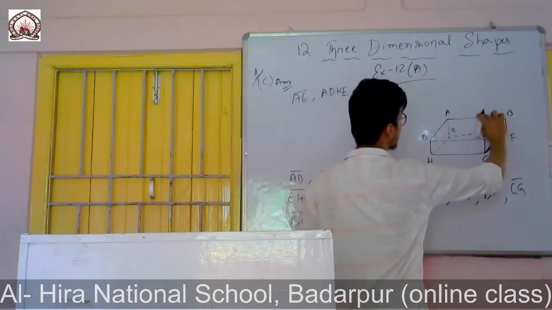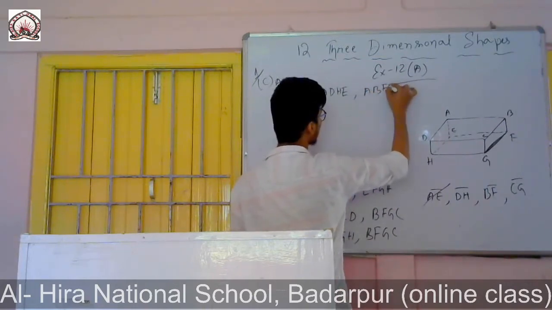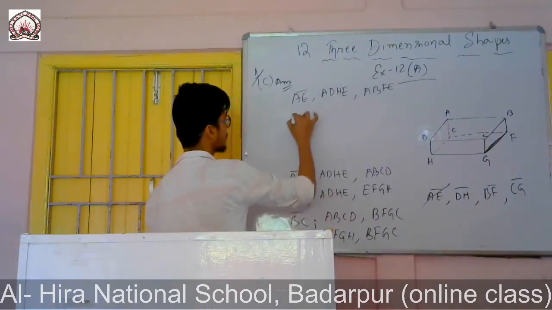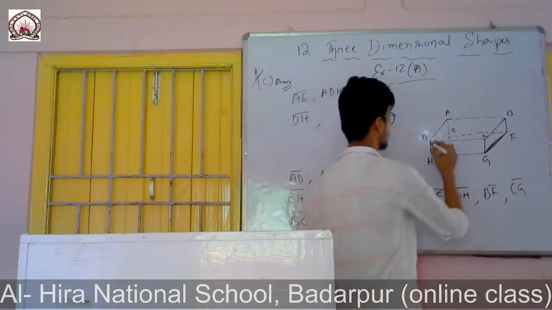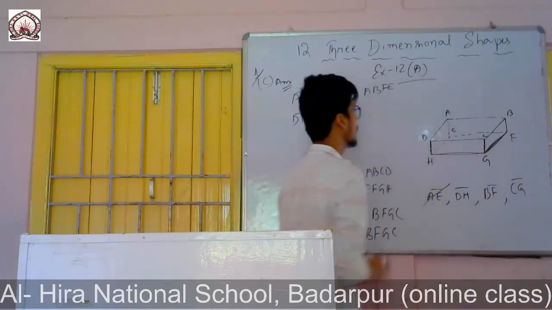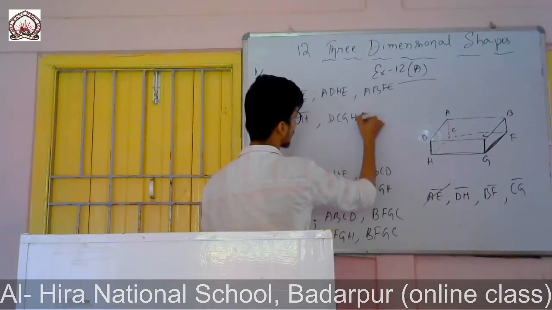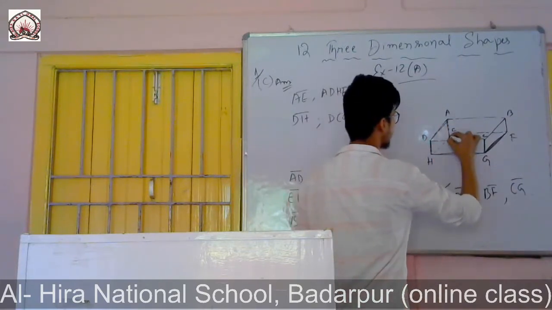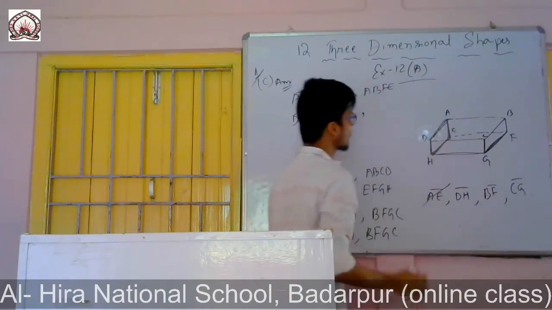So this face is also associated, ABFE. Okay. So now next one, it is DH. Where is DH? It is there. With this side, this face is associated. First of all, I will write DCGH, and with this one which one? This one is also associated. With this rectangle, this one is also associated, AEDH.